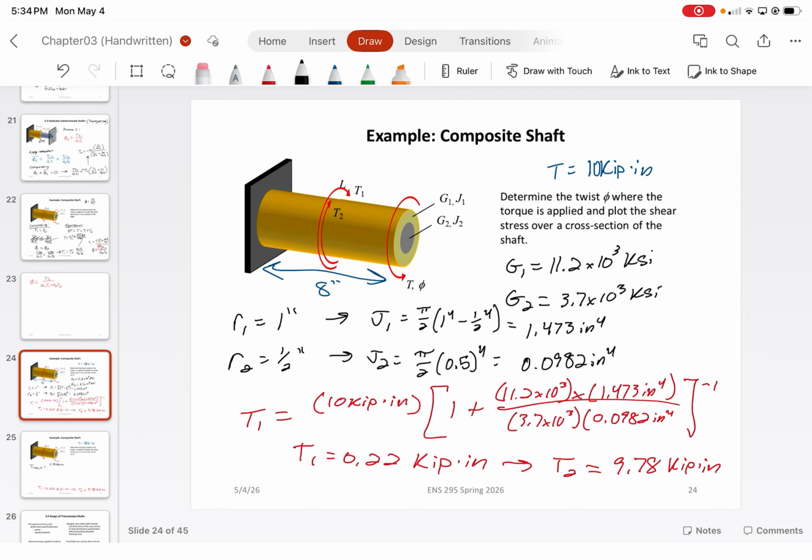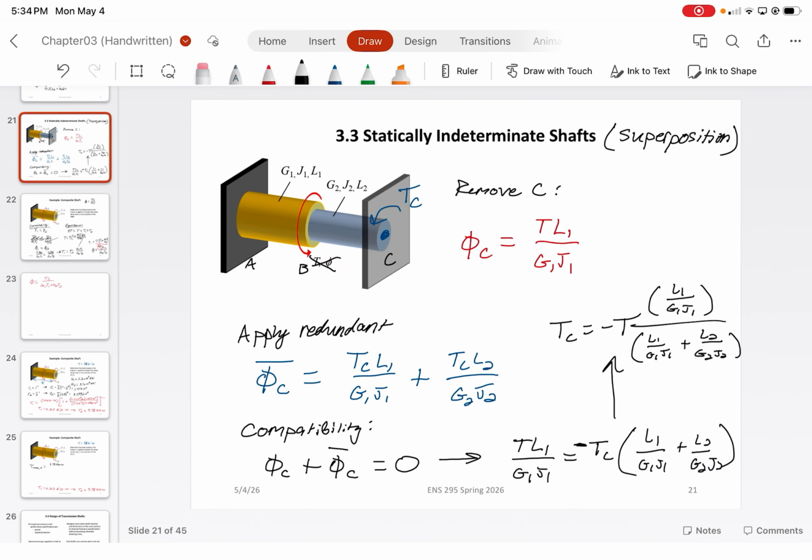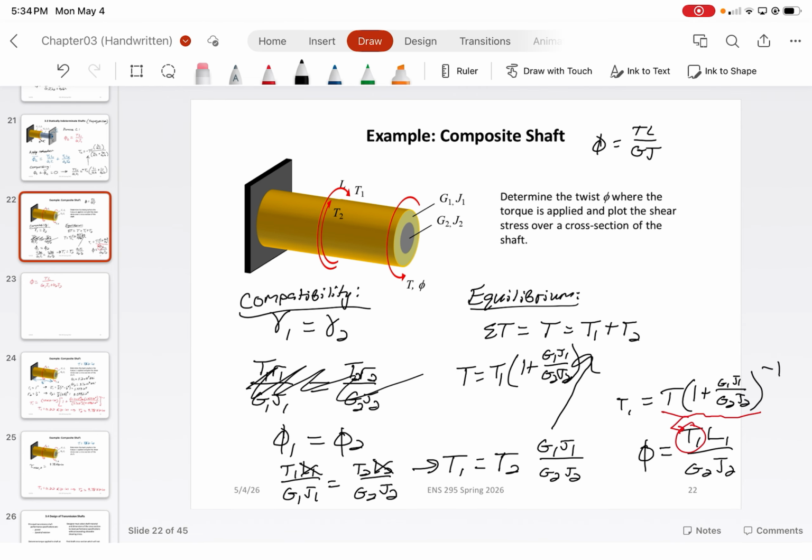Wait, but that doesn't seem right. Did I do this wrong? This whole thing is for T2. That's where I'm going wrong. I just realized that because if I'm replacing T1, then T1 is in terms of T2.